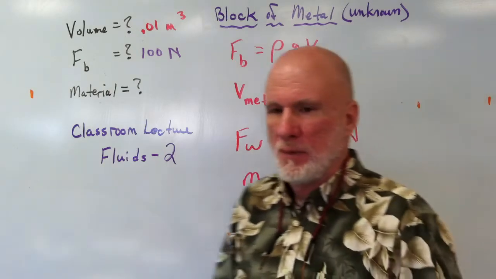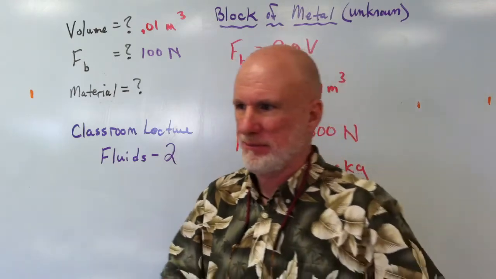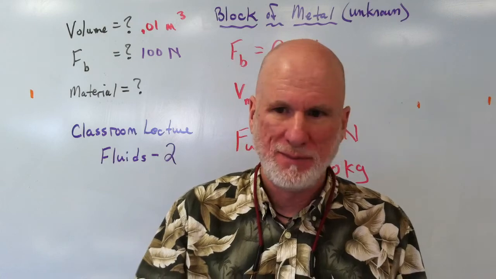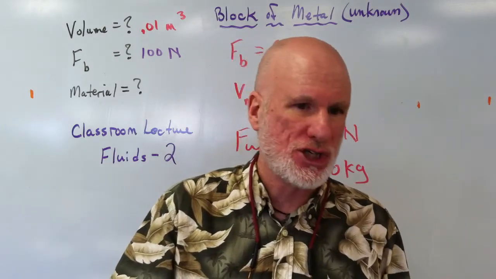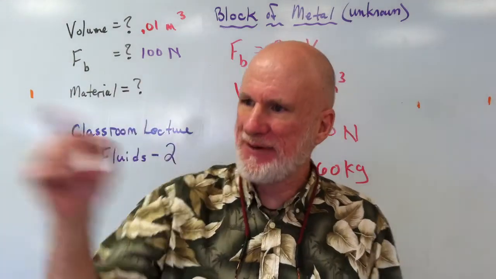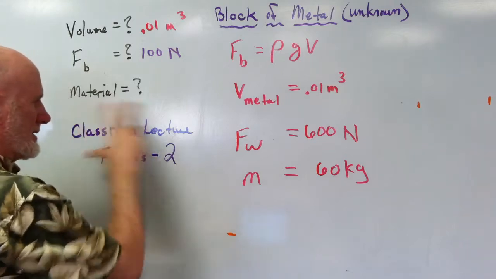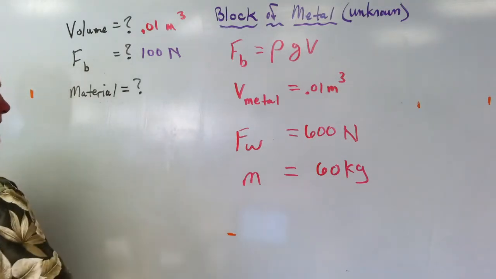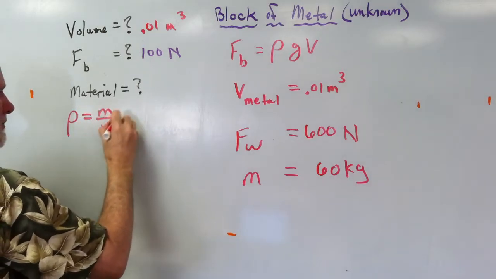Now, what's the density of the metal? What's the equation for density? Look at your equation sheet. Mass divided by volume. So density equals mass over volume.